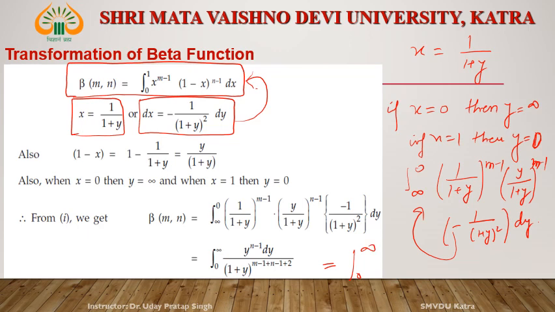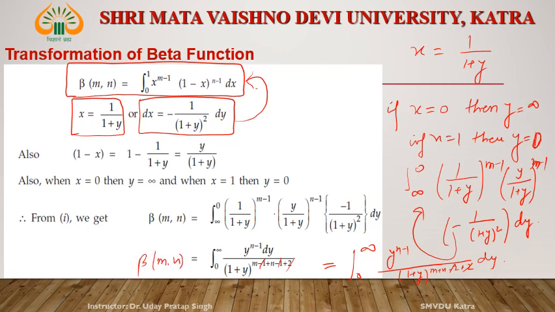This is 0 to infinity, y to the power n minus 1 divided by (1 plus y) to the power m plus n dy, which is equal to beta m n.